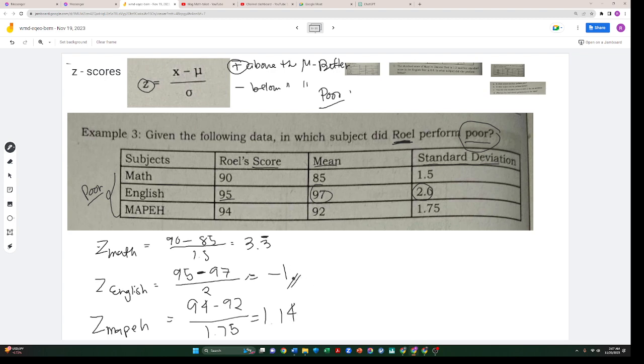So therefore, the conclusion is, which subject did Ruel perform poor, which is no other than English. Kay below the mean, which is negative 1 standard deviation.